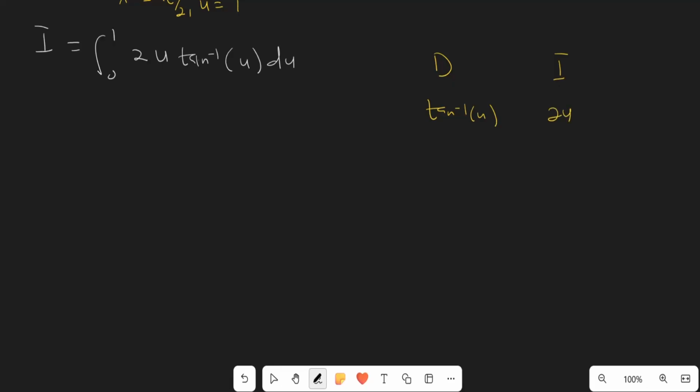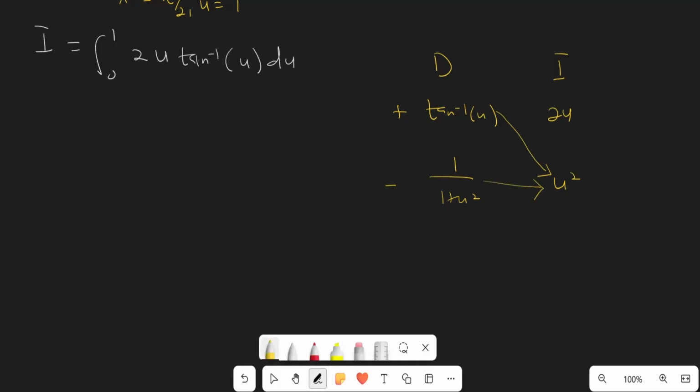So differentiating the tan inverse of u is going to be, this is plus, this is minus, 1 all over 1 plus u squared. And integrating u is going to be u squared. So when we multiply terms diagonally, we are done with the integral, but when we multiply terms horizontally, we have to take the integral. This has become trivial now.